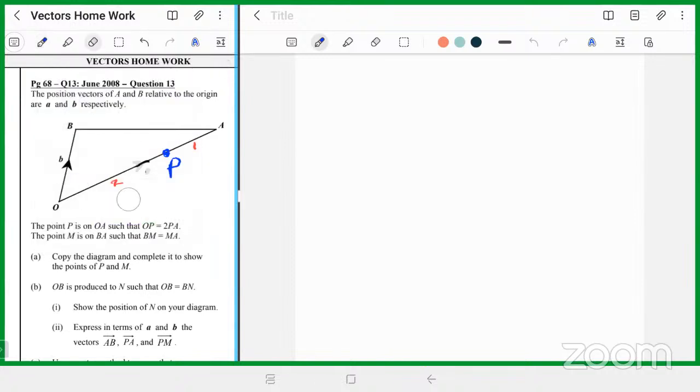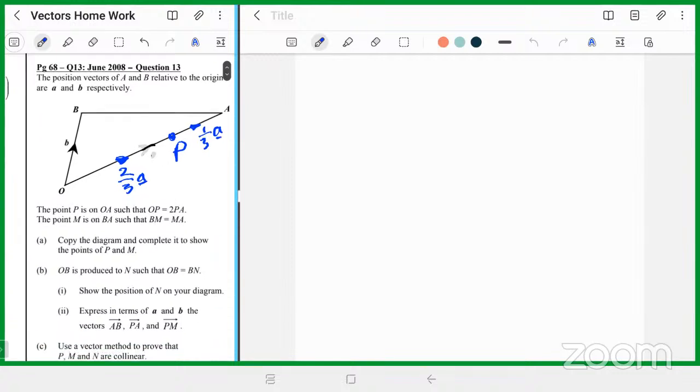It's 2 parts out of 3. And from here to here is 1/3 a. The more information I can put on my diagram, the better. Understand that? Yes, sir. All right. That point is P.